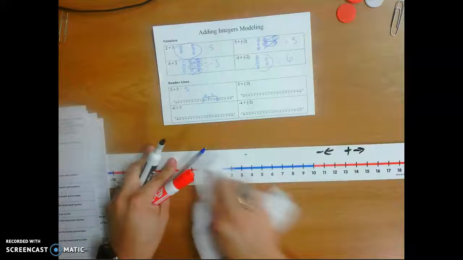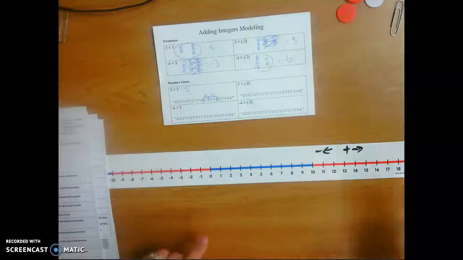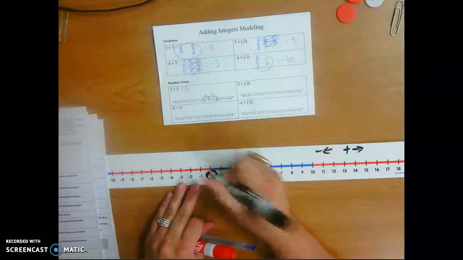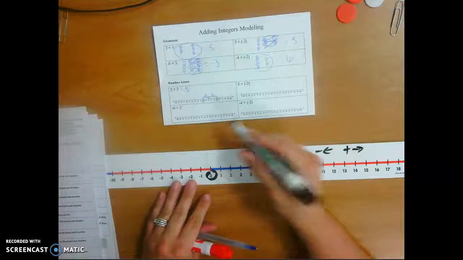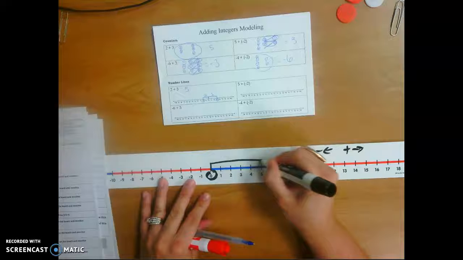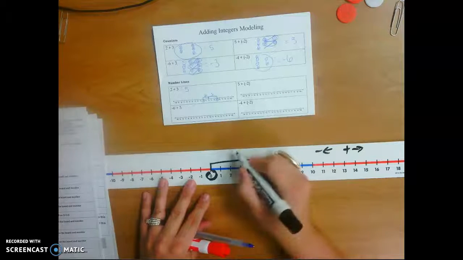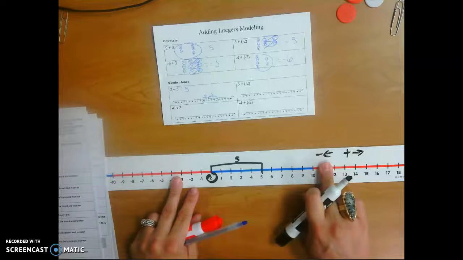Okay, our next problem, always starting at 0. We're going to do a positive 5 plus a negative 2. We're going to move right 5. Positive 5, so that is worth 5. Then we're going to add negative 2. If we're adding negative 2, which direction are we going? We're going to go left for a negative.